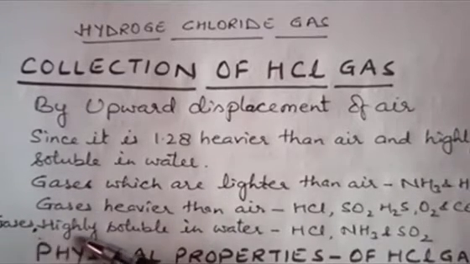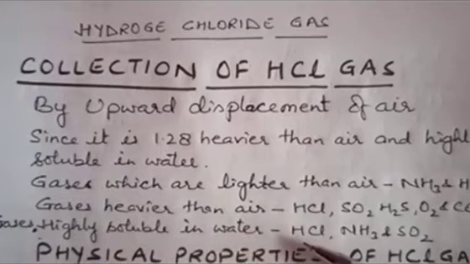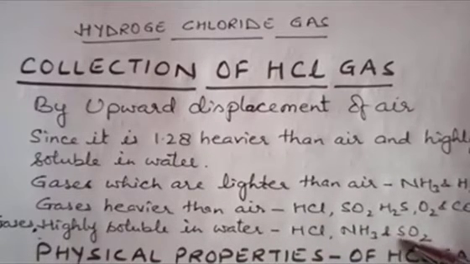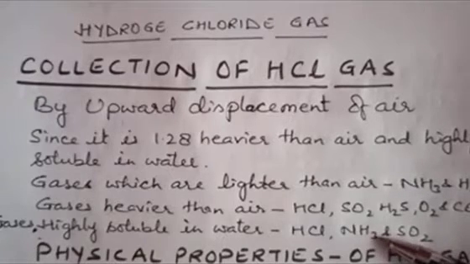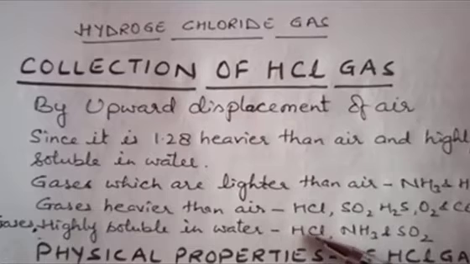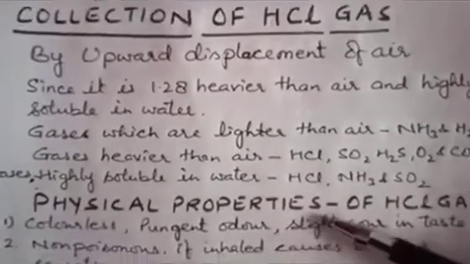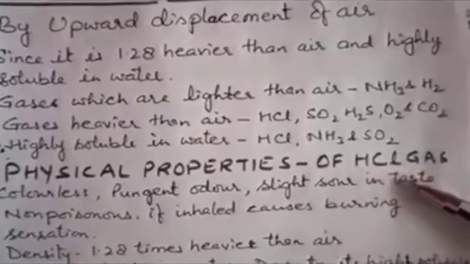Gases which are highly soluble in water are hydrogen chloride, ammonia and sulfur dioxide. Now a question may ask, name two gases which are highly soluble in water. These are hydrogen chloride gas and ammonia gas. One more is sulfur dioxide, right?